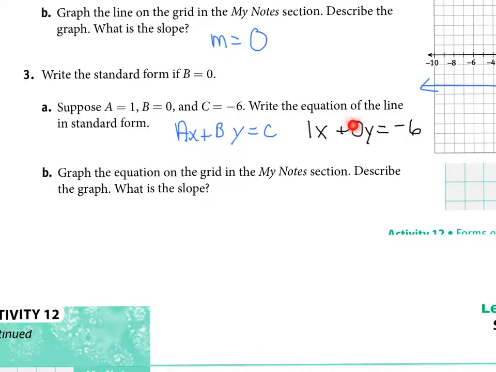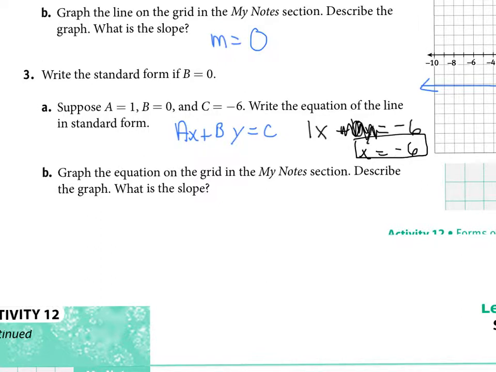Again, here's a, b, c. This will just cross out. So I'm left with 1x equals -6, or, in other words, x equals -6.